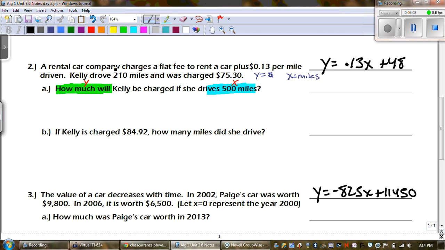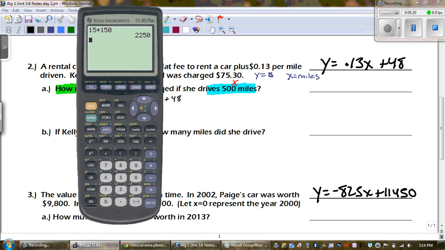So let's plug it in. We get y equals 0.13, and we're plugging in 500, plus 48. So what's 0.13 times 500? Are you doing it too?